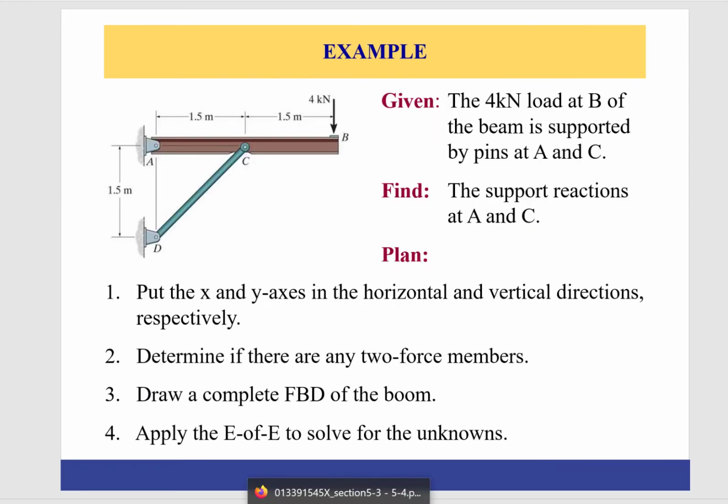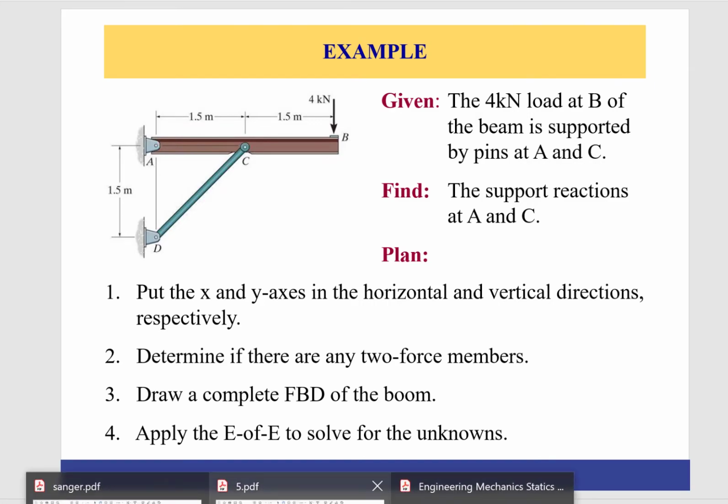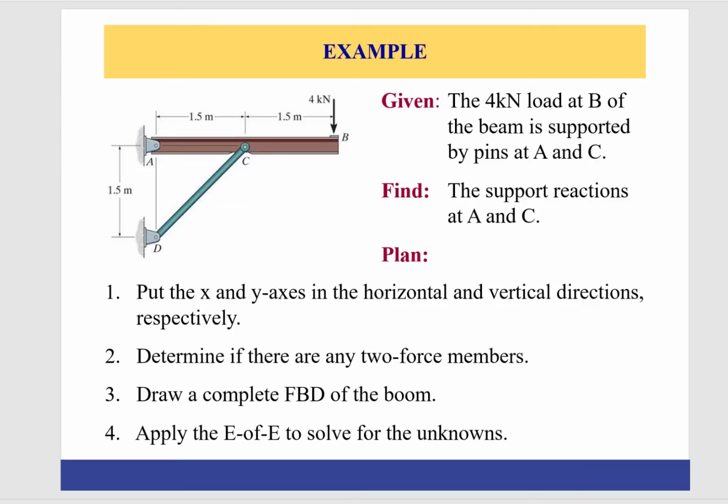Let's take this problem as an example, and then we will discuss more problems. We have a cantilever or a beam supported by a hinge at A and a member DC.